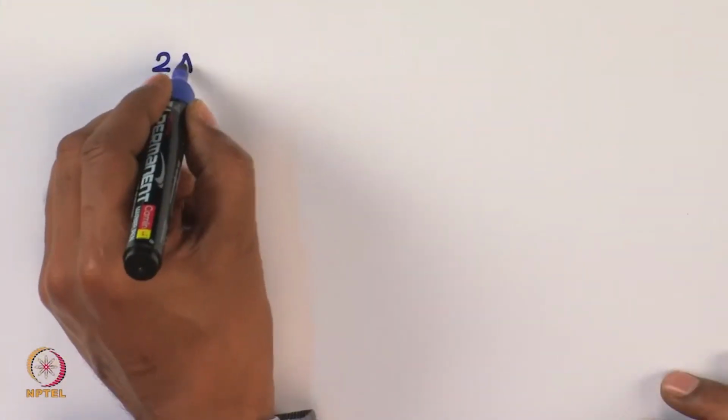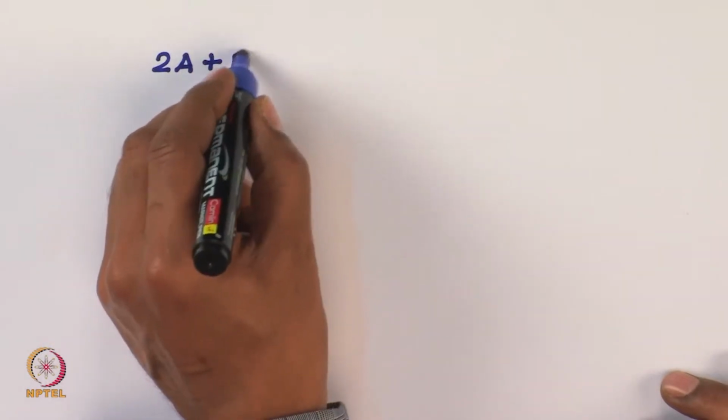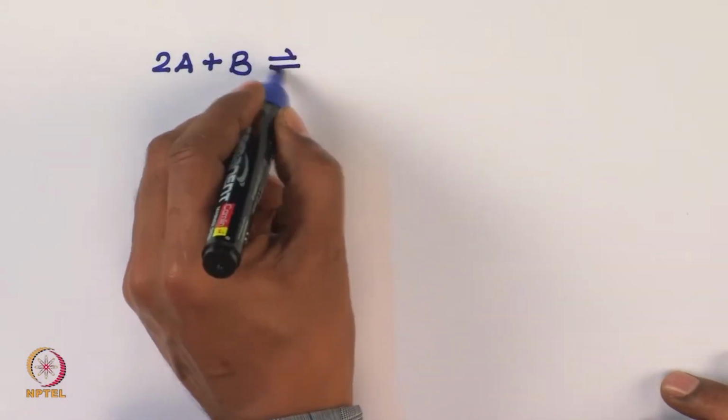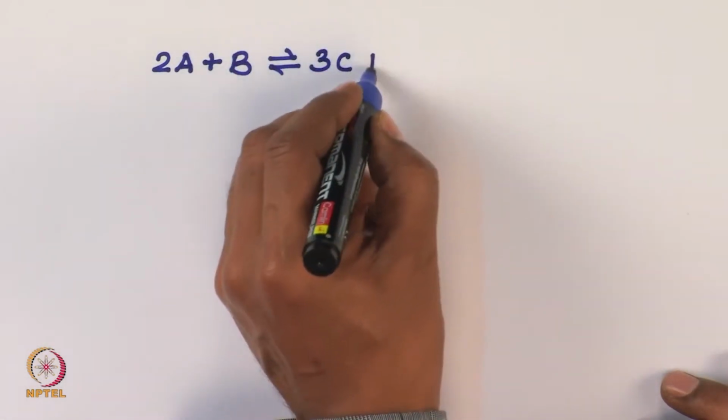This is the chemical reaction, 2A plus B in equilibrium with 3C plus 2D.